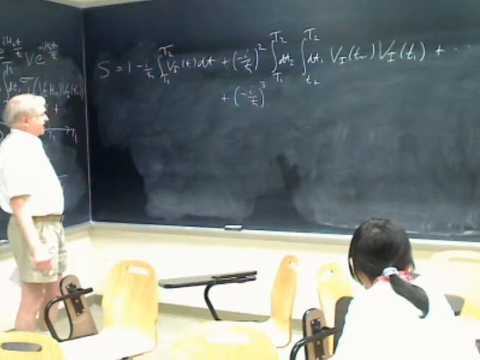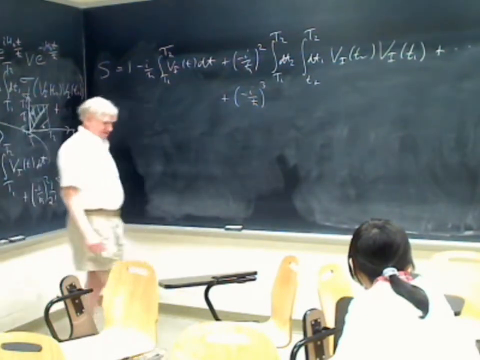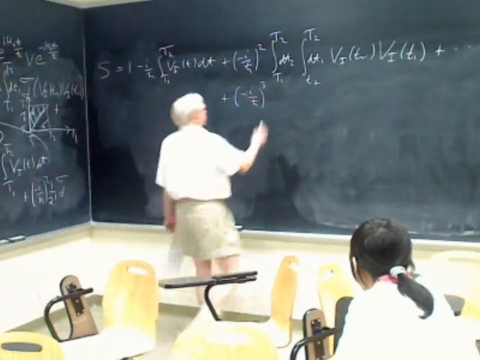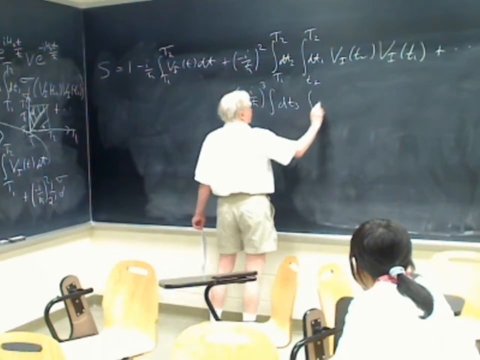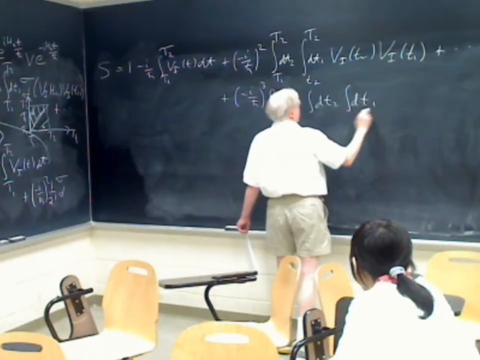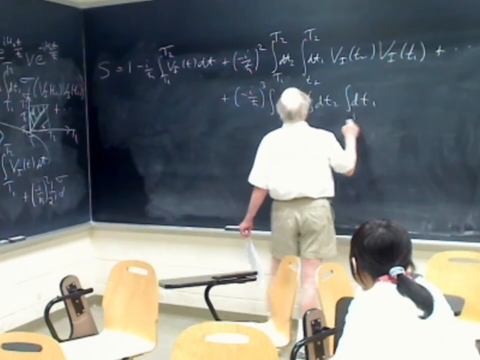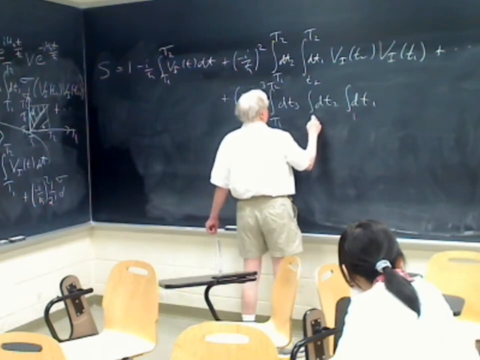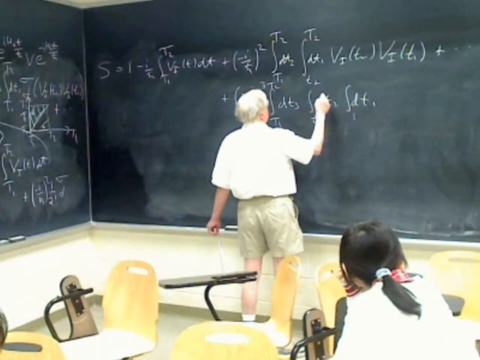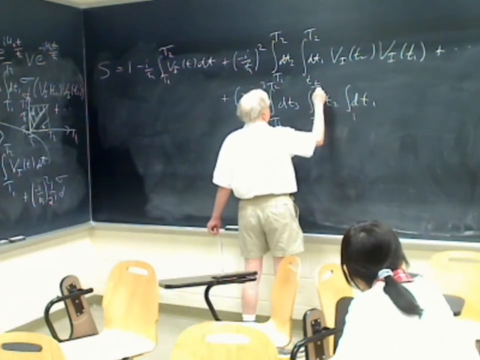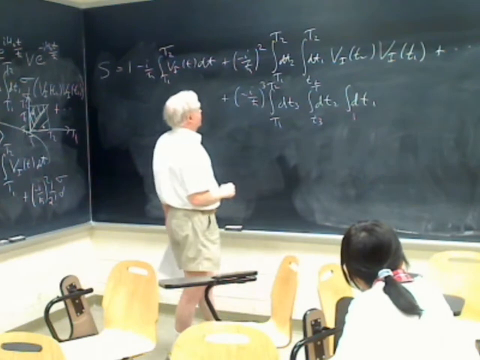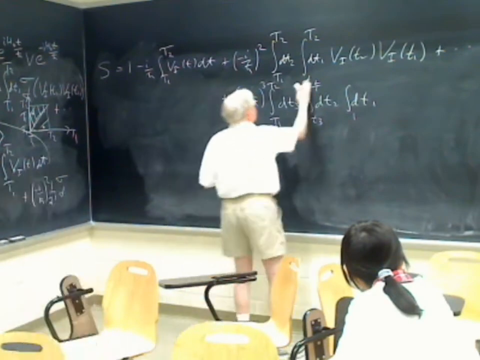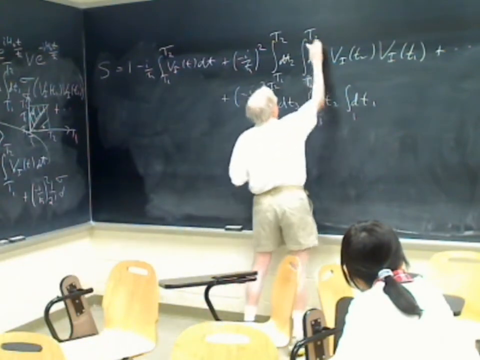And now you cancel the 3 factorial because there are 6 ways of ordering 3 points. And you get dt3, dt2, dt1, T1 to T2, T3 to... I got these backwards, didn't I? Yeah, so the T. Yeah, I've got it right. It's T2. Yeah, this should be from T1 to T2.